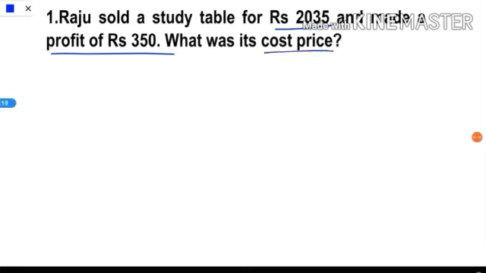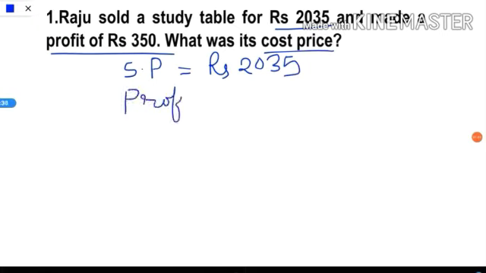We need to find out cost price. So, let us write selling price is equal to 2035 rupees. And profit is equal to 350 rupees.